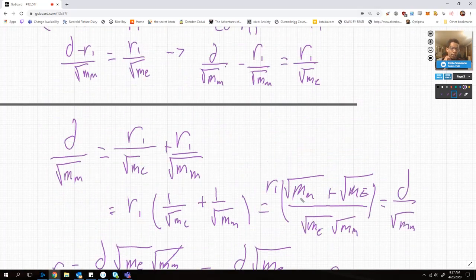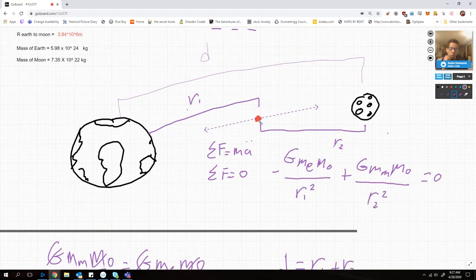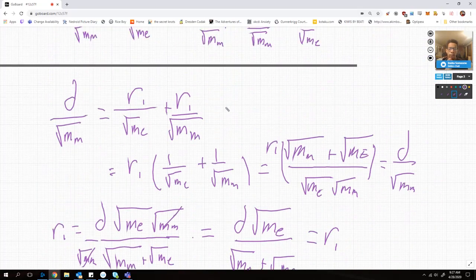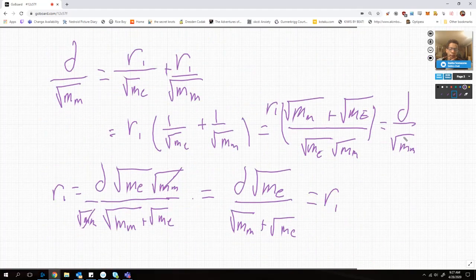And then I can get the distance R1, from the Earth to the point. And if I wanted to find R2, all I have to do is sub in what I get for R1 into this problem. We know this distance, solve for R2.